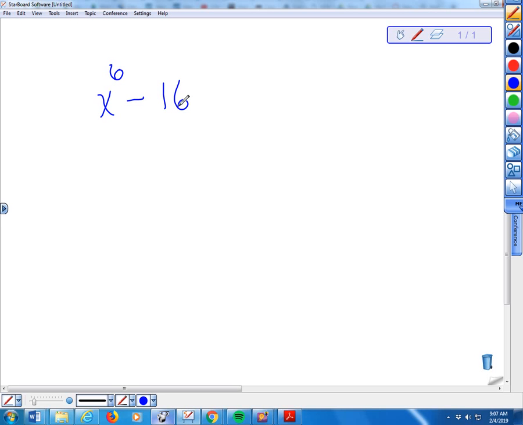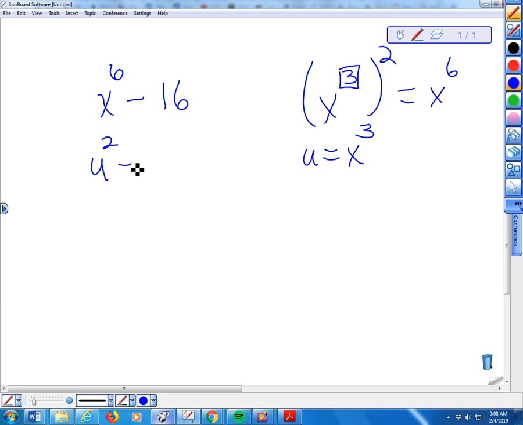What squared is x to the 6th? x to what? x cubed, right? So what I could do is let u equal x cubed and rewrite this as u squared minus 16. Okay? And now it's the difference of 2 squares.